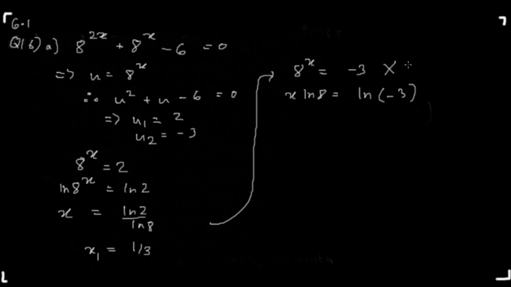Therefore, the only answer is x equals 1 by 3, since the other is invalid. You can't take the logarithm of a negative number, unless you want complex values. So that's one.